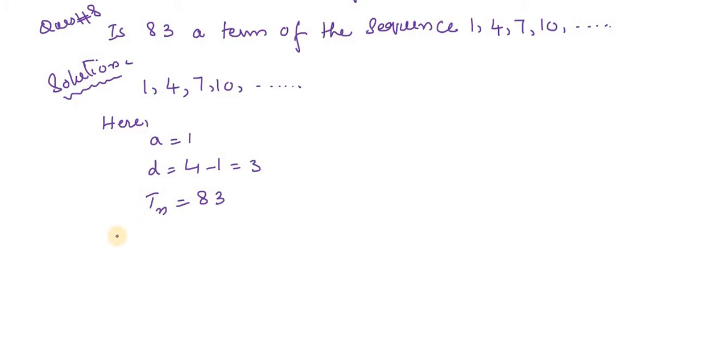So we know that the nth term formula is Tn is equal to a plus (n minus 1) d.